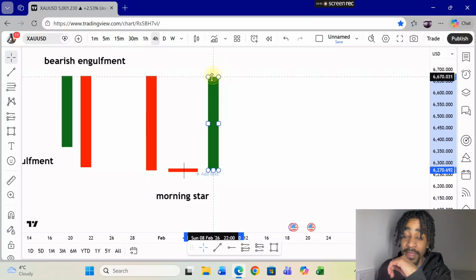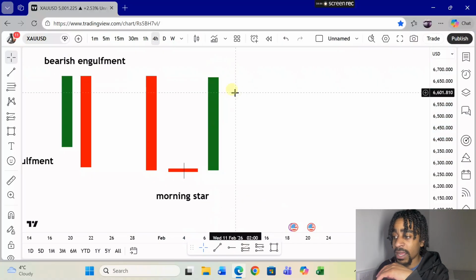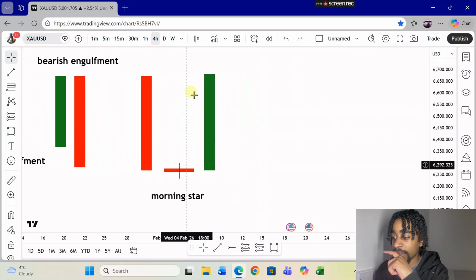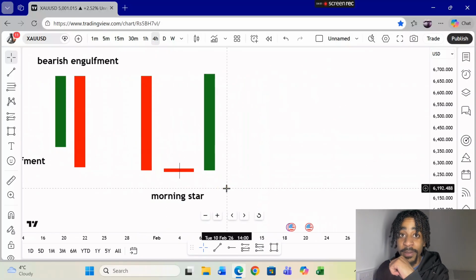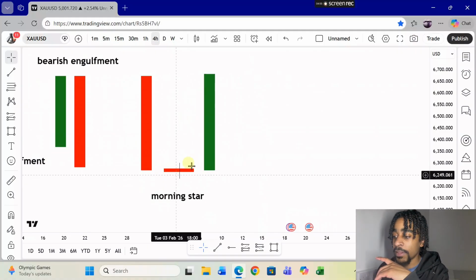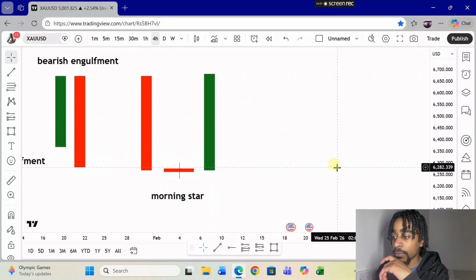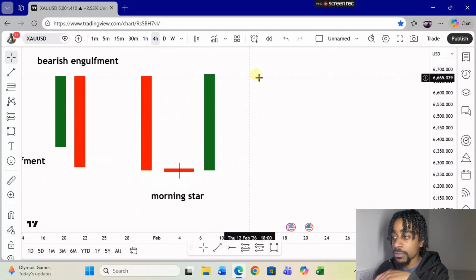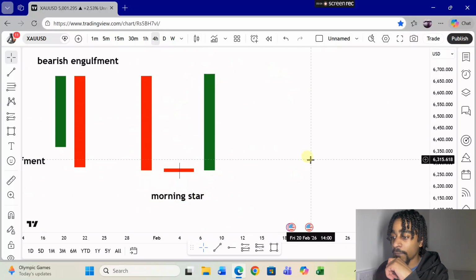Otherwise, you can't really class it as a morning star. So that is the morning star candlestick pattern: bearish candle, doji, which is an indecision candle, and then a bull candle. An evening star is this, but in reverse. So bullish candle, doji at the top, and then bearish candle.